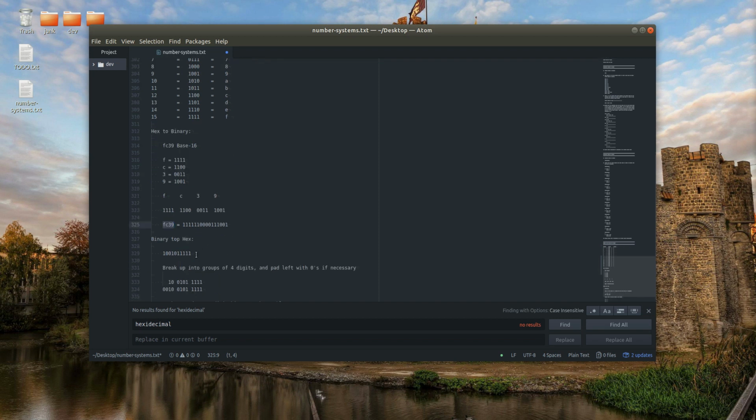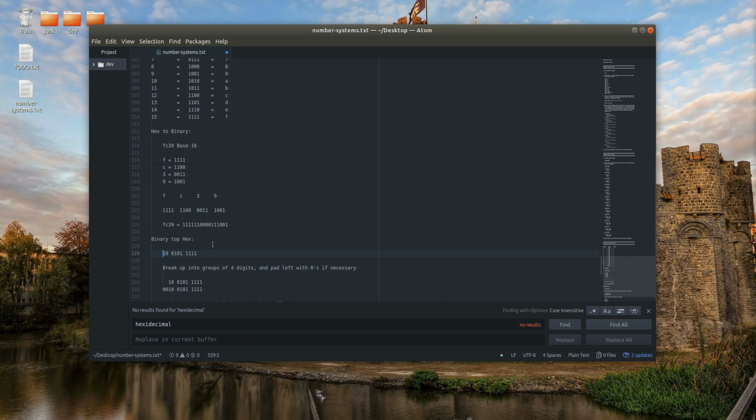So going the other way, let's start with this binary number, 1001011111. It's kind of hard to keep track of that way, so what we do is we block it off into sections of 4. So you've got 4 digits in each group.